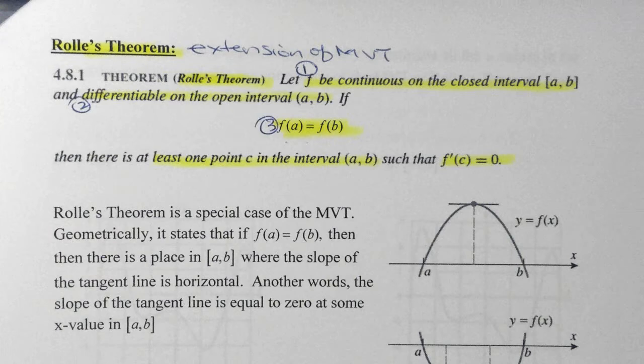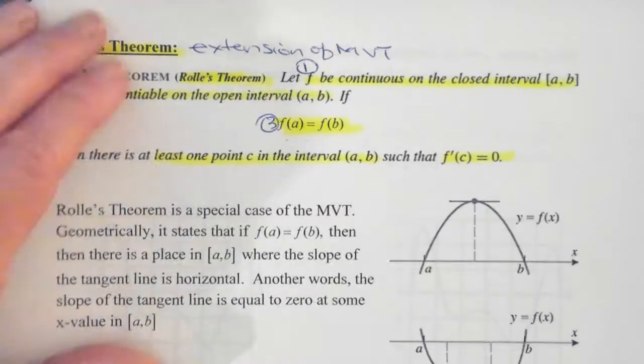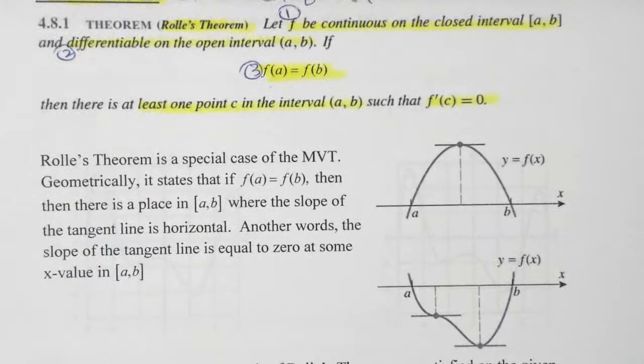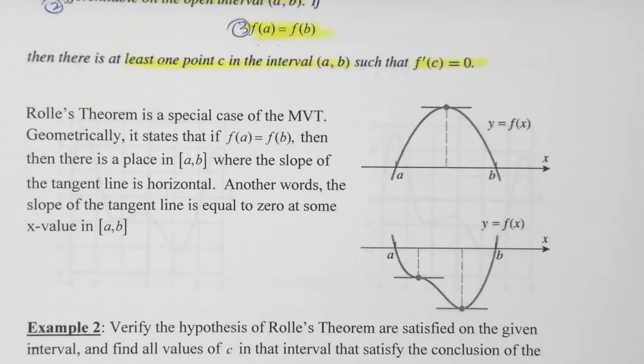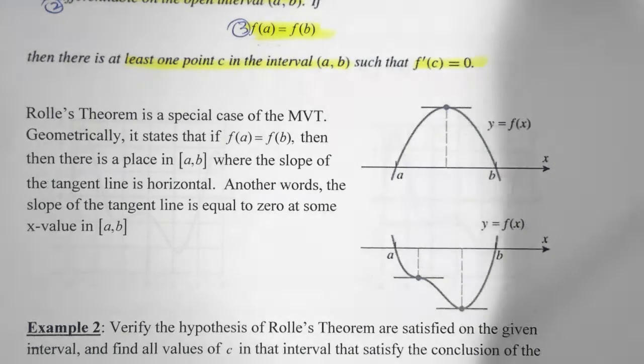Okay, so what we would have to look at is that the y values are the same on that interval, and I'm going to show you how to do that. So basically what Rolle's theorem is saying is that we have a special case of the MVT. This is a very special case.